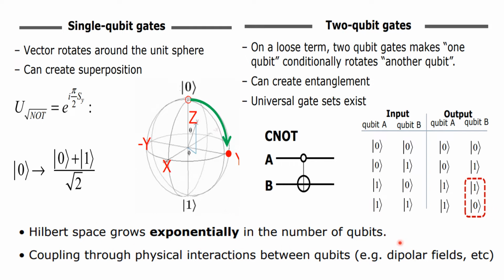As the number of qubits grows linearly, the dimensions of the Hilbert space grow exponentially. When we have n qubits, the dimension of the Hilbert space will be 2 to the power of n. The coupling between these physical qubits can be implemented by physical interactions between them.